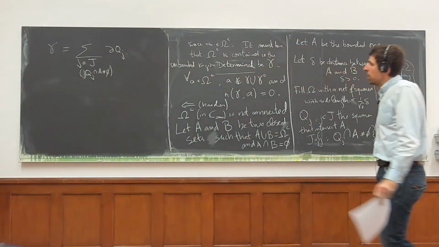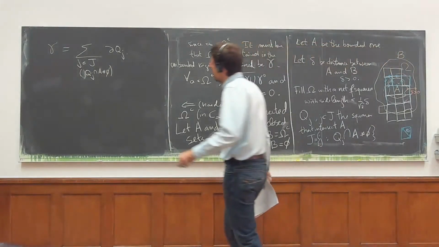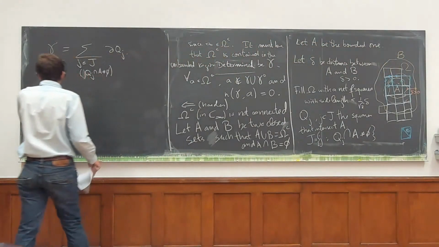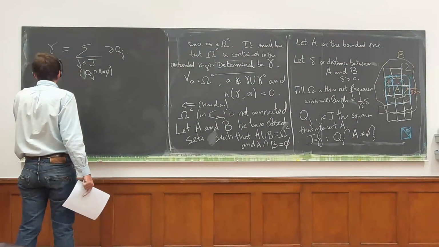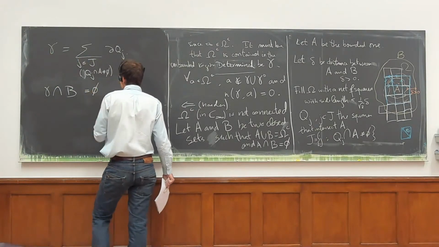Right? And so because of the construction, the boundary doesn't intersect B. Because of the cancellations, clearly this curve gamma does not intersect B, right?